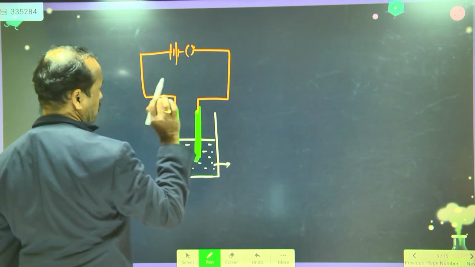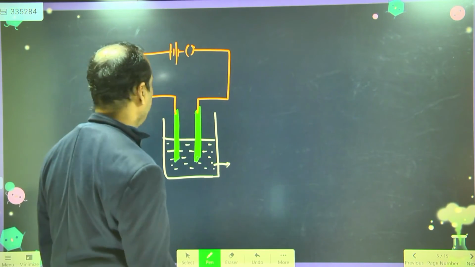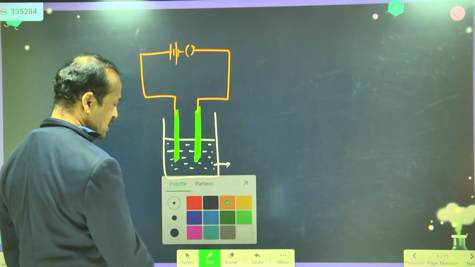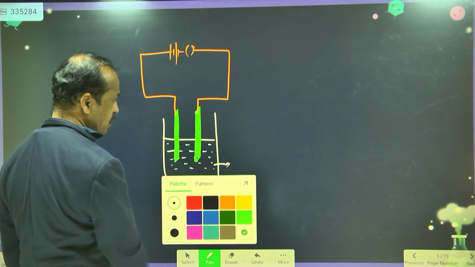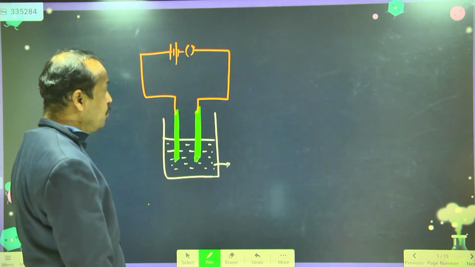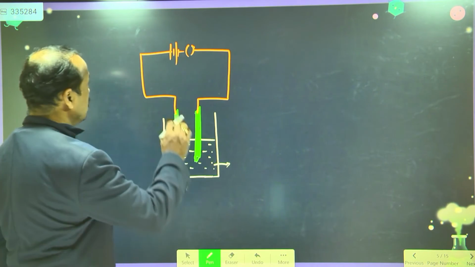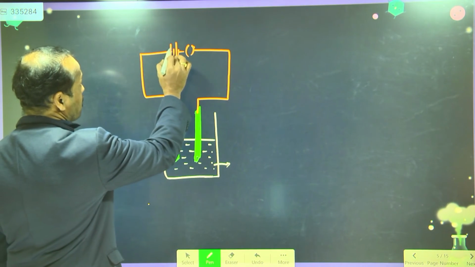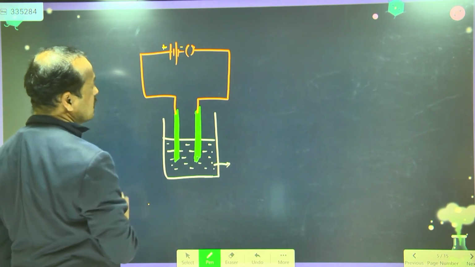If we connect them like this and pass the electricity through it, then what happens? Here you see this is the positive terminal, and this is the negative terminal.